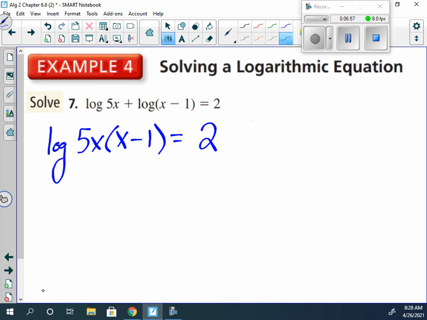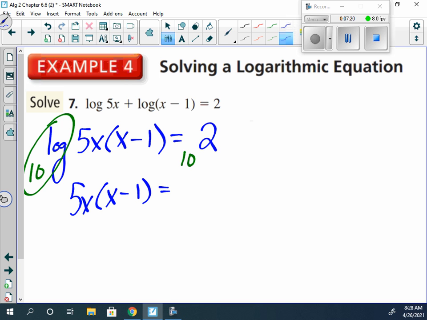And it's going to be equal to 2. Right, we would use the 10 because the base for this is 10. Because it's not written, it's understood to be 10. So exactly, we'll have 5x times x minus 1 is equal to 10 squared.